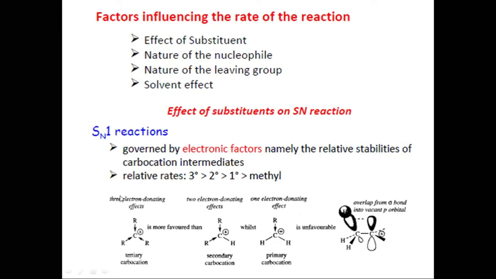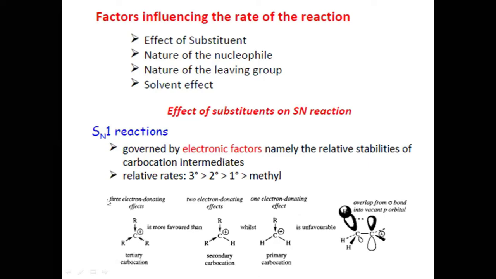Now, consider a substrate which has a tertiary carbocation. In this case, you will have R, R, R. There are 3 R groups, and R acts as a plus I inducing group, meaning a plus inductive effect inducing group. There are 3 R groups present in the tertiary carbocation, and the carbon carries a positive charge.